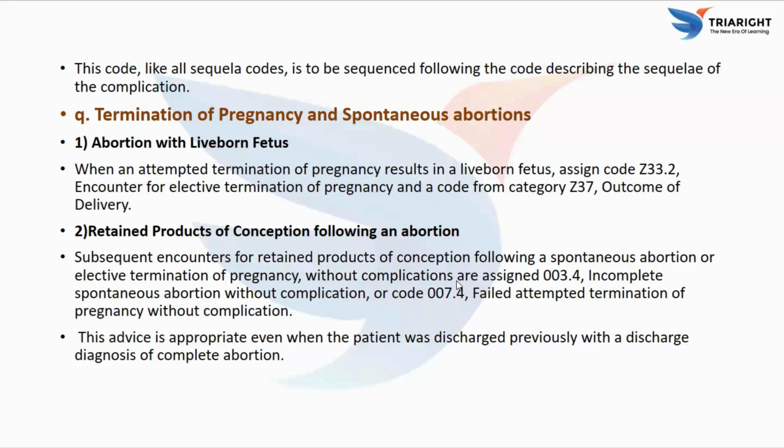So this code is used when an elective abortion was attempted but the tissue remained. So this rule applies even if the patient was previously told the abortion was complete, but later returns because this tissue is still present. Okay, so this is how you code this retained products of conception following an abortion.